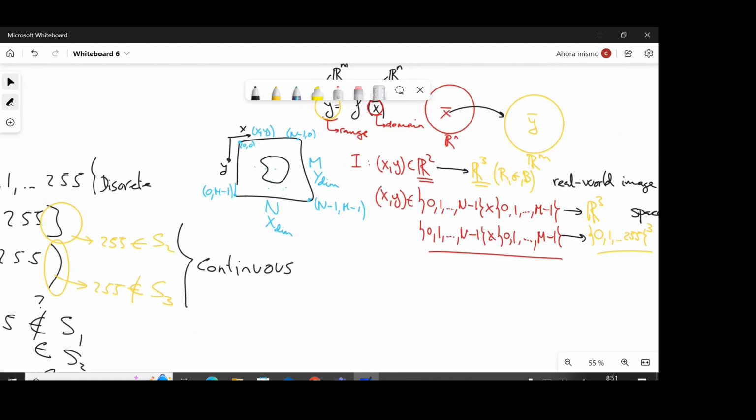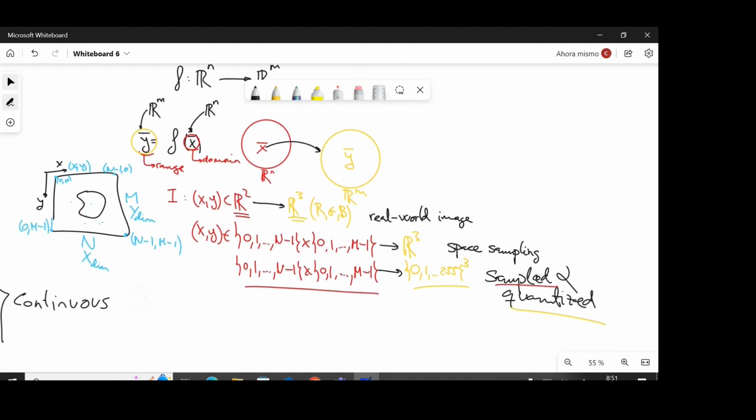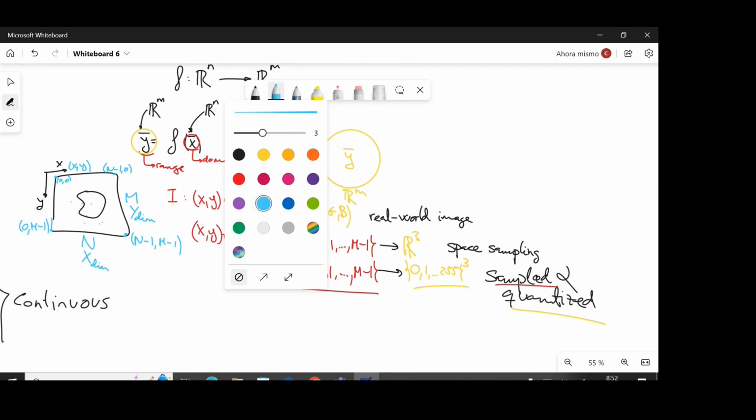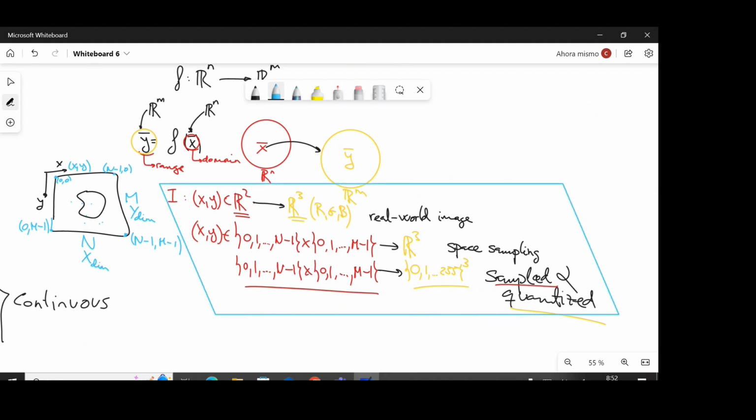So we come back to our images. Now we know an image is a function, and we may specify different kinds of functions. We can define all these functions. One is the real world image, the other one is sampled in space, and this one is sampled in space and colors, so the colors are quantized.